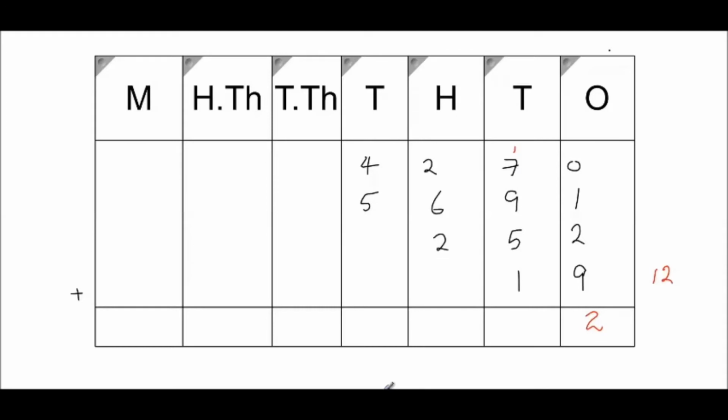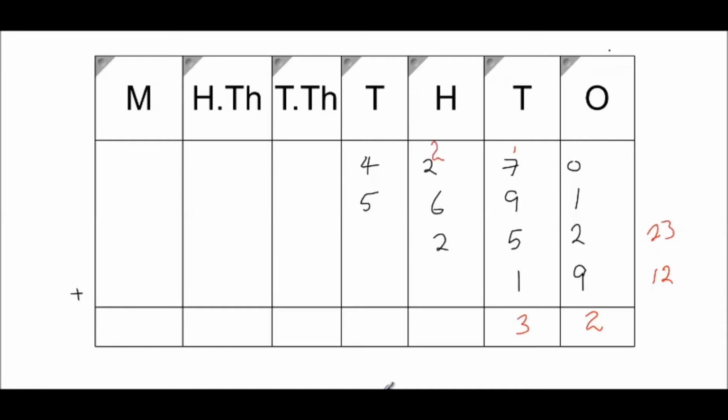Now we move to our tens column and we'll add. So we'll say 1 and 5 would make 6, 6 and 9 would make 15, 15 and 7, 22, and 1, 23. So we'll put down our 3 and carry our 2.